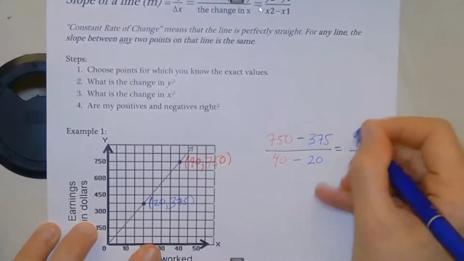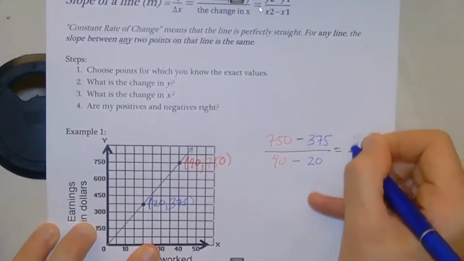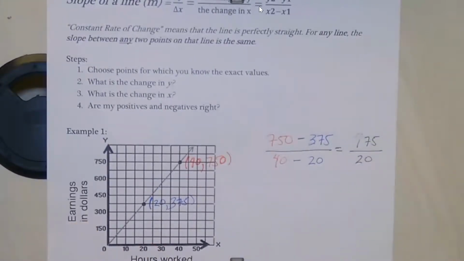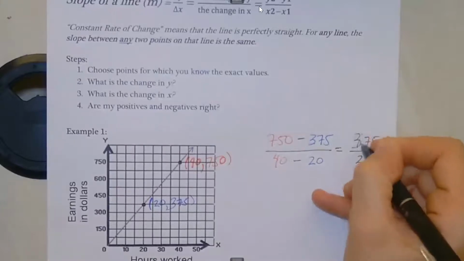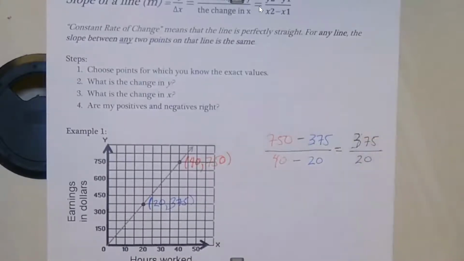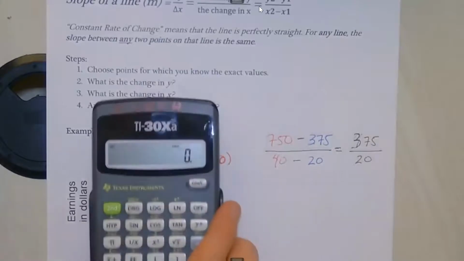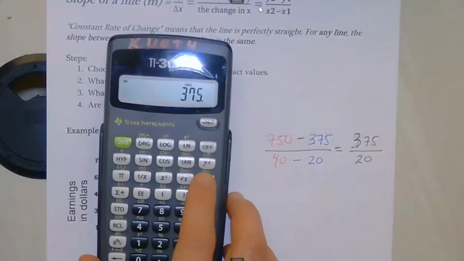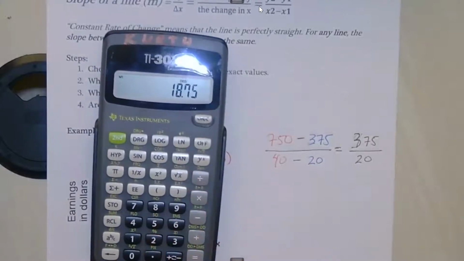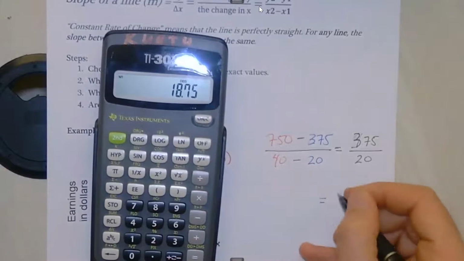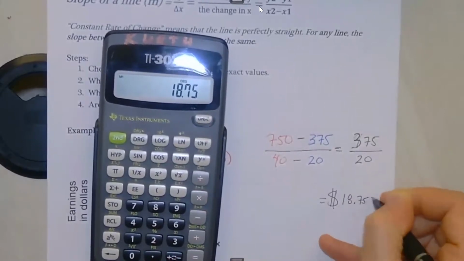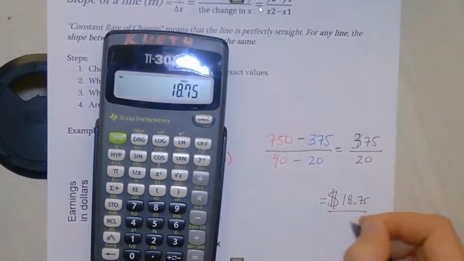Which means that when I subtract, 750 minus 375 is 375. Okay, so now we'll divide. So this equals $18.75 per hour.